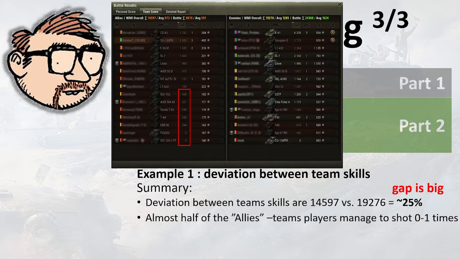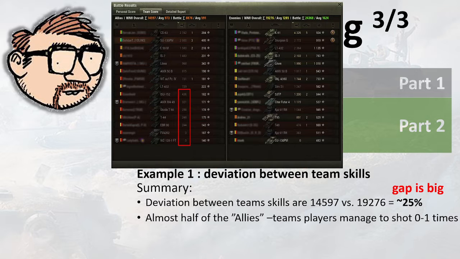Now that's a very important thing. It's not about skill level itself. It's the skill level when compared to the enemy team. That's the main thing. It doesn't tell us anything by itself if my allied team is poor, red, so-called bad players, or if the enemy is entirely green players.